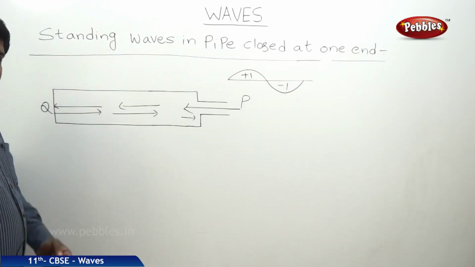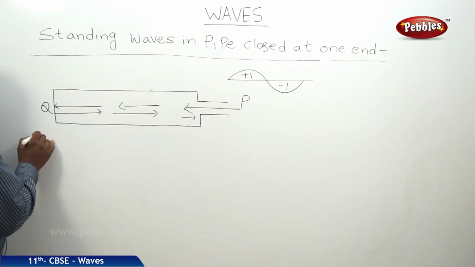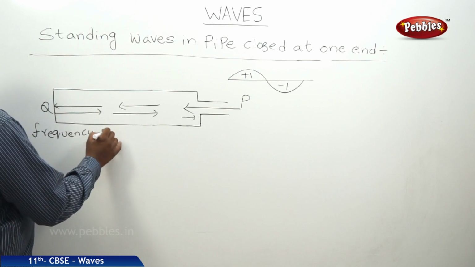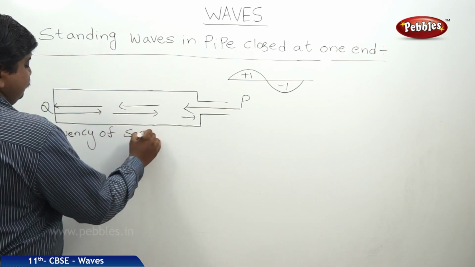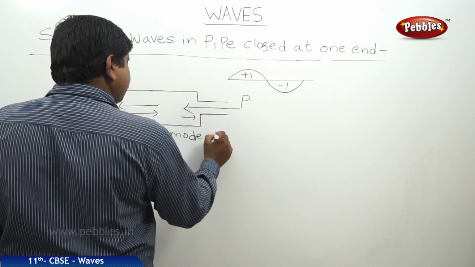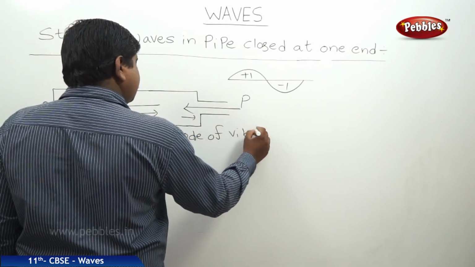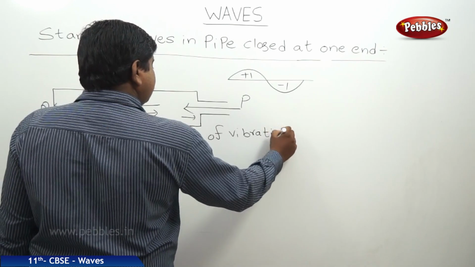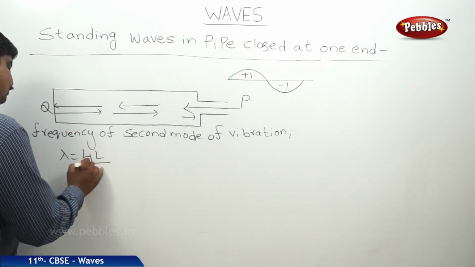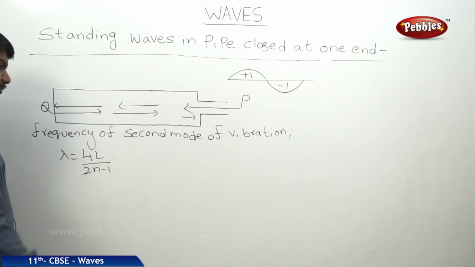Now we will check the frequency for the second mode of vibration. We know that lambda is equal to 4L by (2n minus 1).